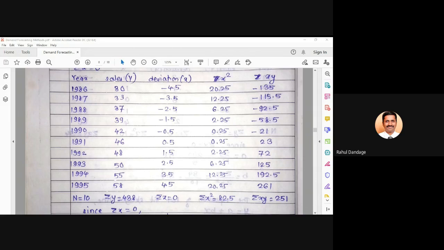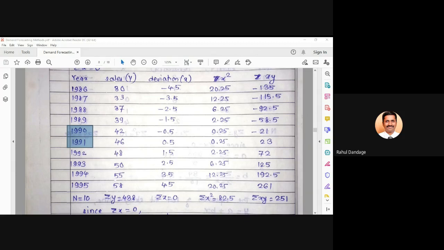Now the third column, which is very important, is the deviation x. For estimation of the value of this deviation, we have to consider the two central periods. Why two central periods? Because in this case the total number of periods is even. Number of periods is 10, so we have to select two periods. Which two periods will be there? 1990 and 1991.